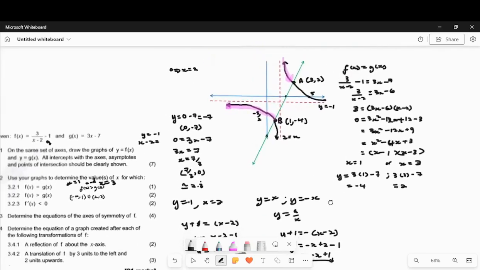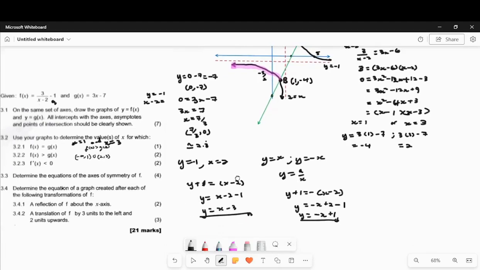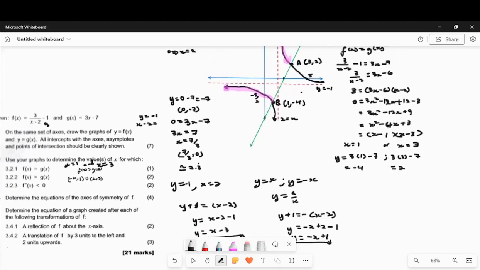If I were to sketch those two lines, the one with the negative gradient is minus x plus 1, and the one with the positive gradient is x minus 3, which increases going that way.